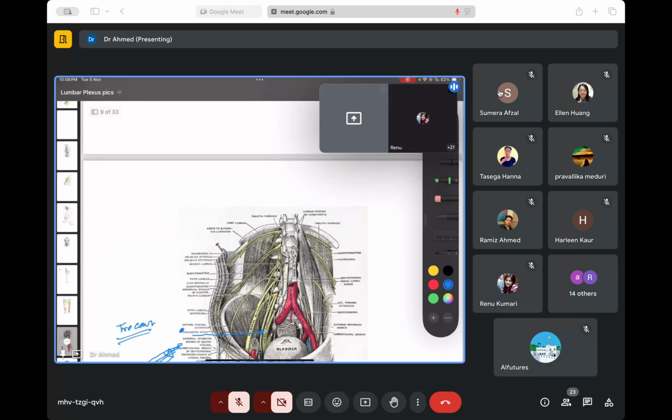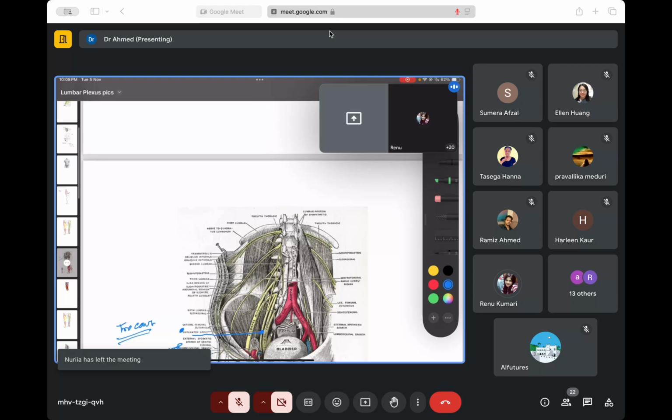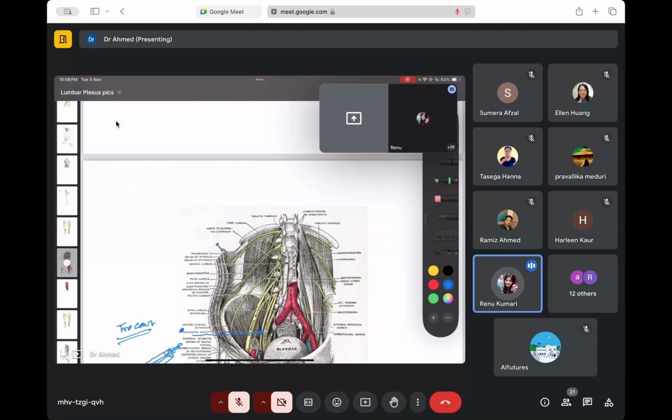Okay. So can you give me the overview of the three nerves which we have discussed? The first one that we discussed is your iliohypogastric nerve. The iliohypogastric has both motor and sensory functions. The motor supply is to the internal obliques and the transversus abdominis.